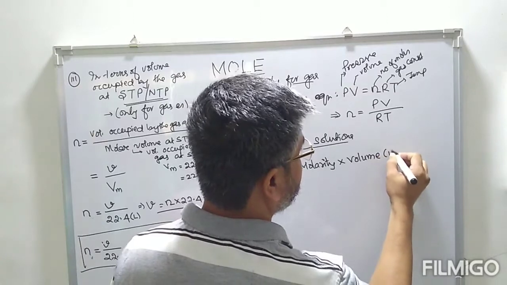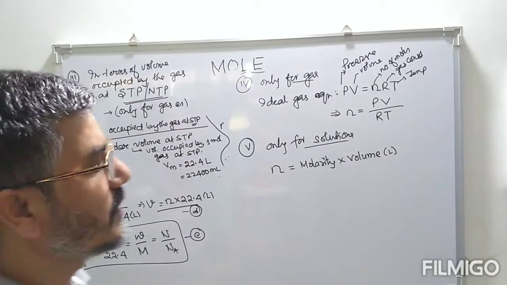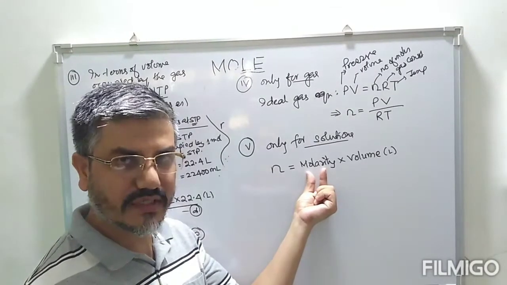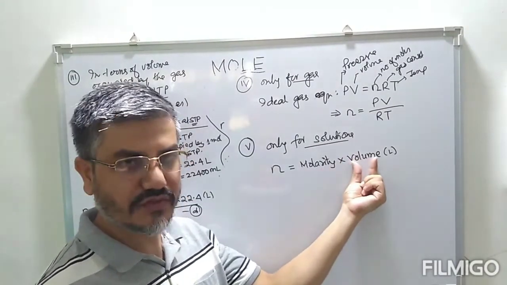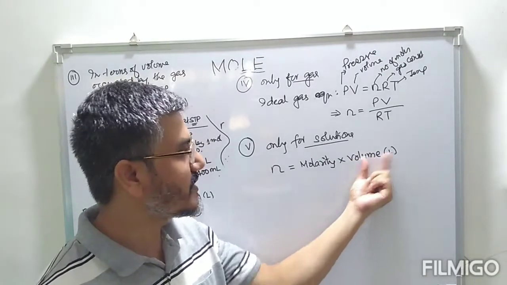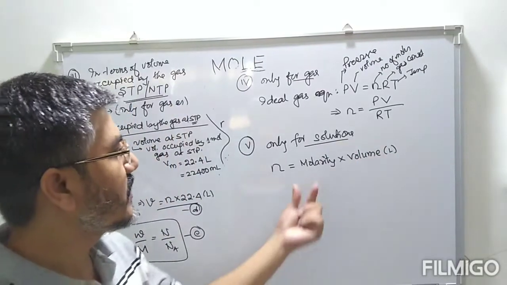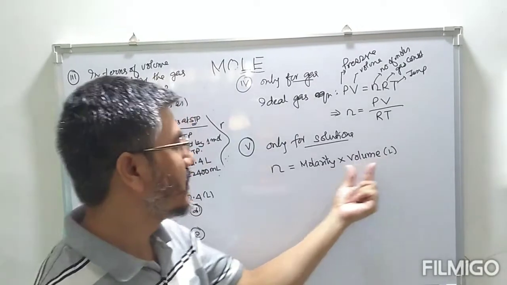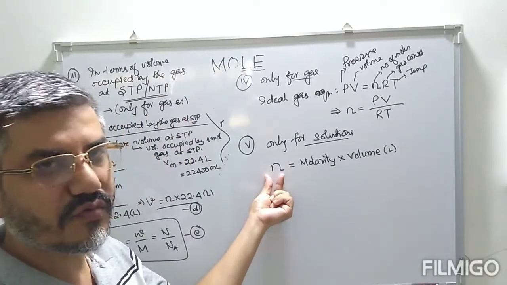So volume must be taken in terms of liter. If the concentration of the solution is given in terms of molarity and the total volume of the solution is given, then molarity into the volume of solution gives you the number of moles.